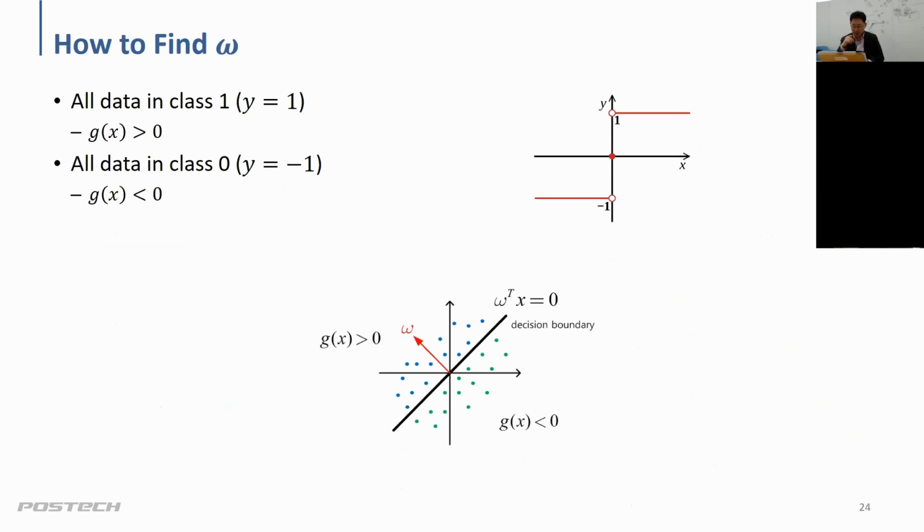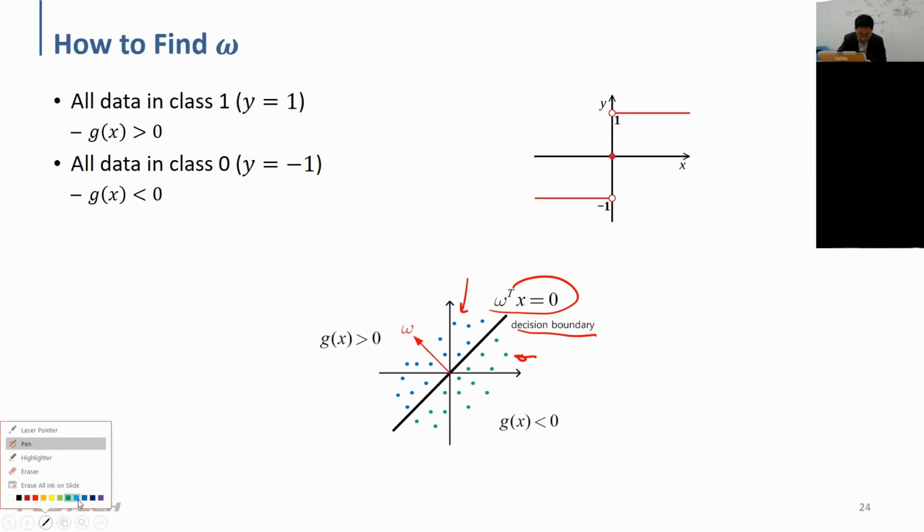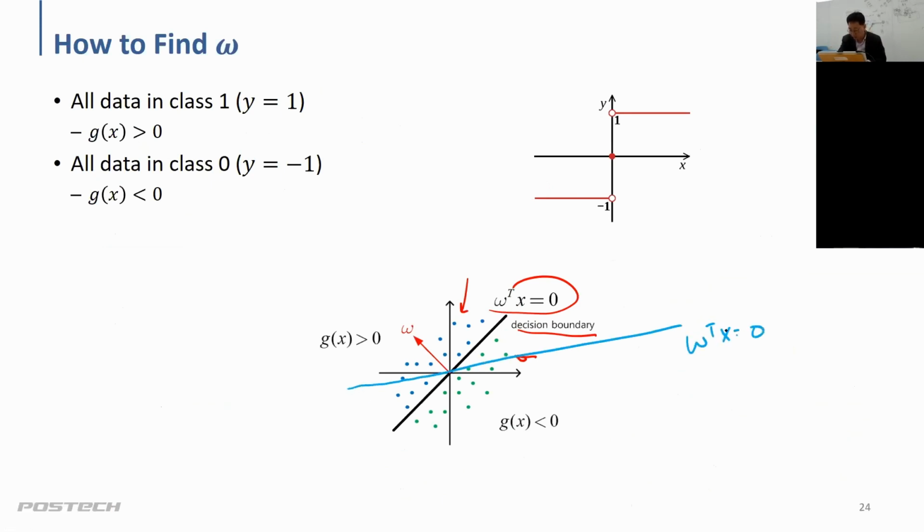And how do you find it? Let me see. Say we have this kind of example, we have blue and greens, and as you can see, this one is a good candidate of decision boundary. And suppose we have that kind of case, then as you can see here, there are misclassified data points.